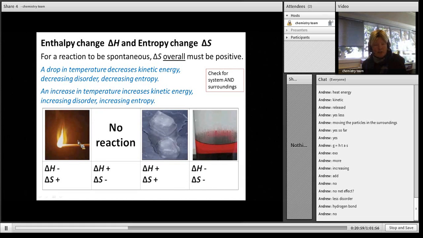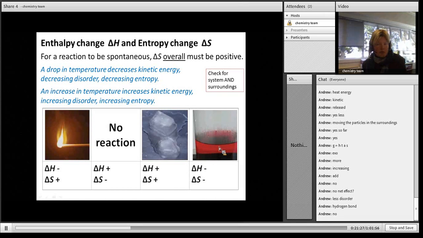Now, back to this first one, as I say, this will happen in all cases, systems and surroundings. This second one is never going to happen. These two will happen if the temperature is correct. And when you argue in the exam paper, when you're trying to justify, remember to explain, okay, this is what's happening in the system, and now you talk about the surroundings.